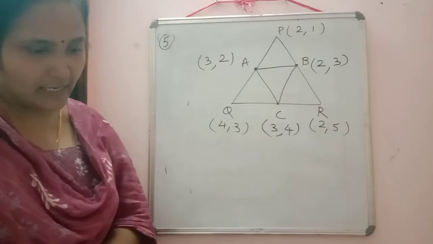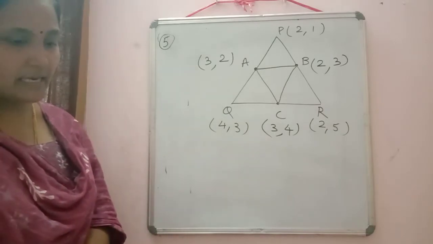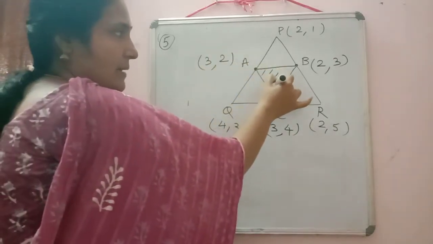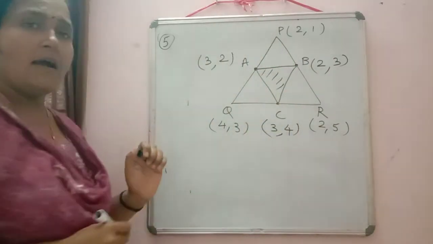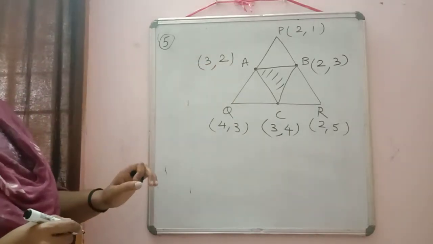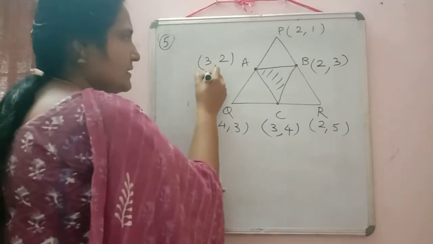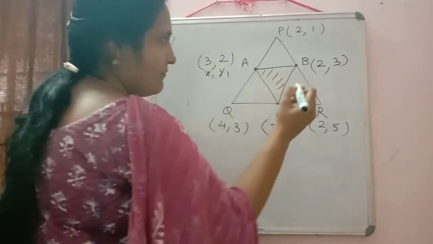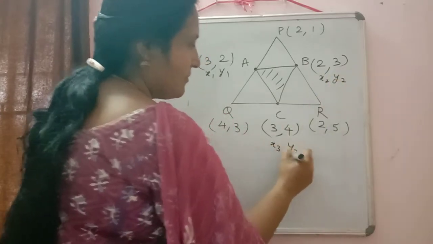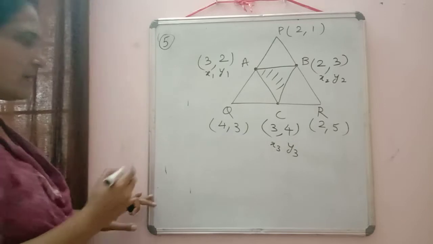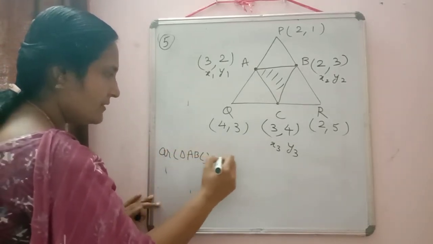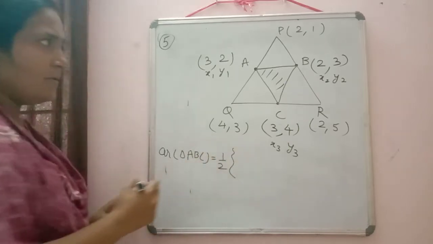Now we have to find the ratio of this area to the area of the given triangle. We want the ratio of triangle ABC and whole triangle PQR. So first we check the area of triangle ABC. Here I can mention this as x1, y1, x2, y2, x3, y3. So first we are calculating the area of triangle ABC. Again I am not writing the formula. Half into x1.